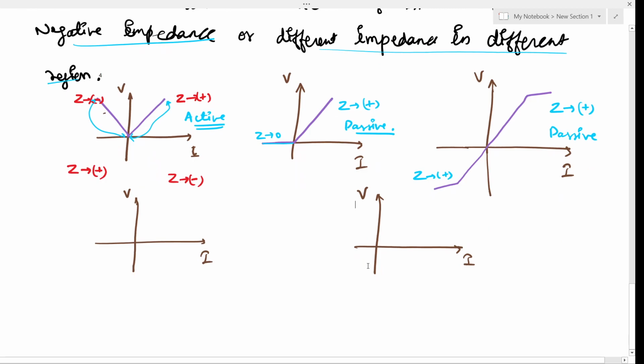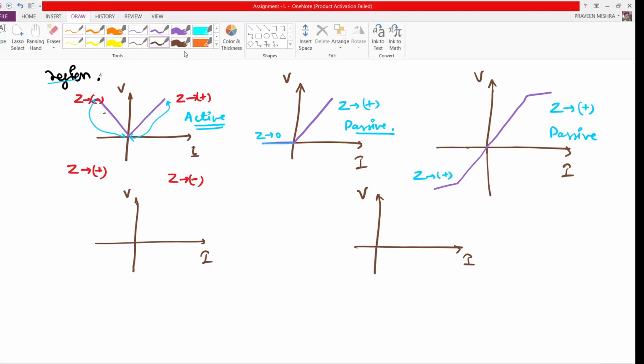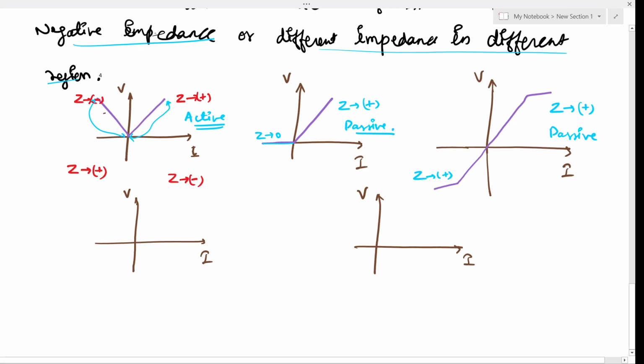Okay, if it is like that, this one is the origin. It passes through the origin.